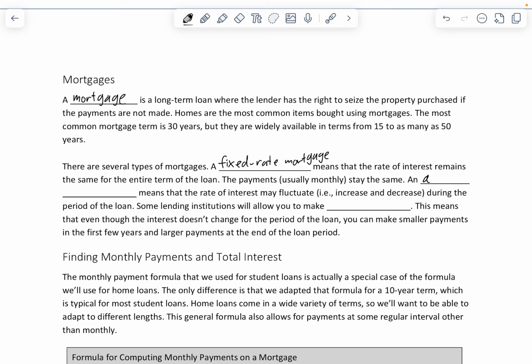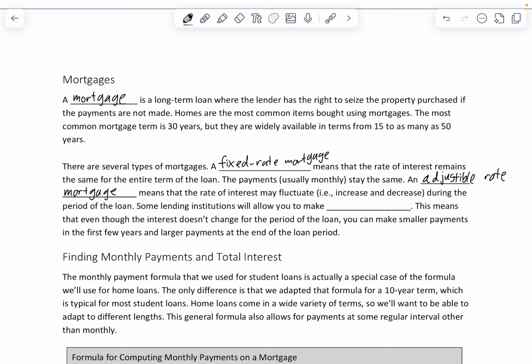An adjustable rate mortgage means that the rate of interest may fluctuate. So that means it could increase or decrease during the period of the loan.